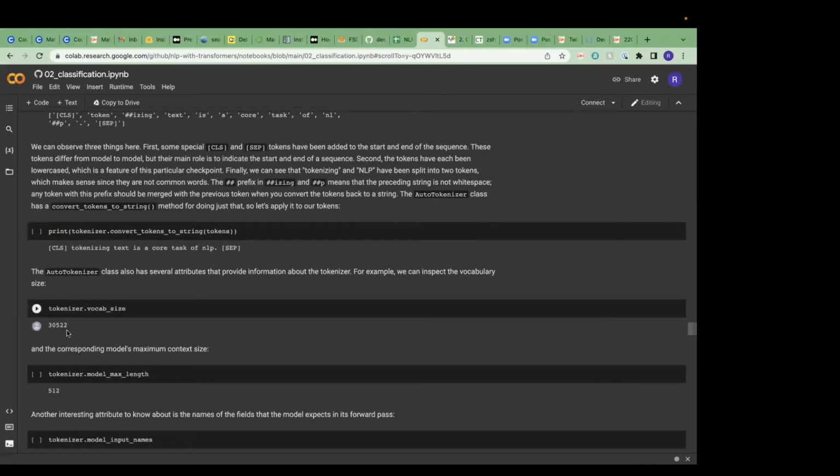We see in this case the vocab size is 30,522, which is way higher than if you were to do character tokenization, but it would perform a lot better. The other thing with character tokenization is that with deep neural networks, as you get deeper into the network, you want it to learn higher level information.